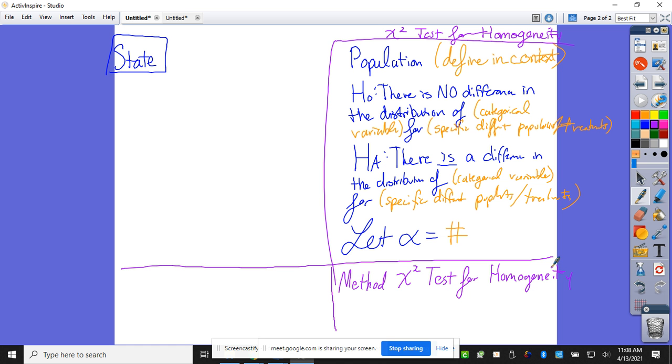And then the only other thing that's going to change that we talked about is the alternative, I mean, the conclusion where you write the alternative.